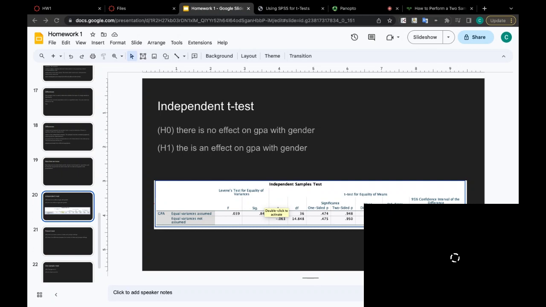Absolutely. Now with our null hypothesis, there's no effect on GPA and gender, so we accept the null. But ignoring that for now, we're going to explain what the rest is. So we accept the null: no effect on GPA by gender.